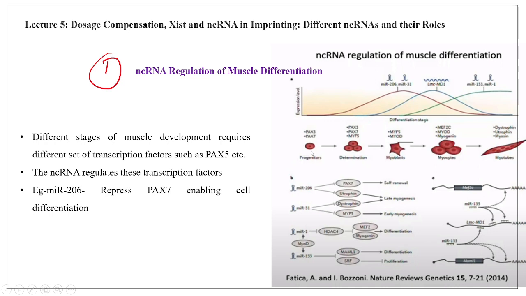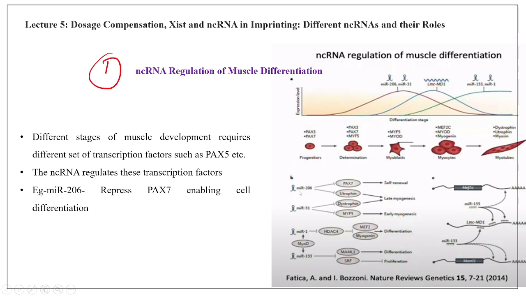In the progenitor stage, you can see PAX3, PAX5 is there. Then here PAX3, PAX5, MYF3, MYF5, MyoD. So there are so many different transcription factors that are required for the transition from one stage to another. And these transcription factors are regulated by different sets of microRNAs. For example, you can see microRNA 206.